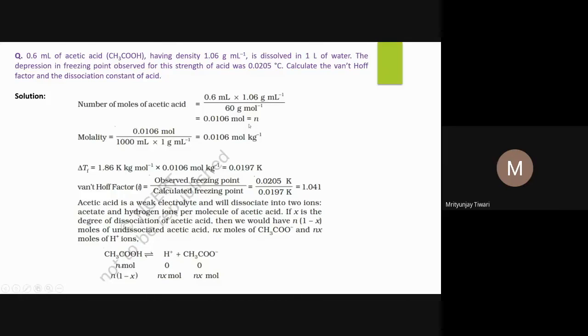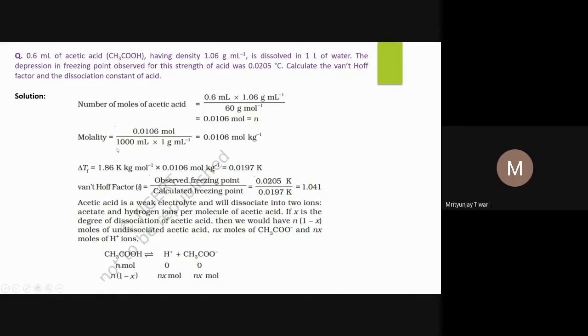Now once we know the number of moles of acetic acid, we can calculate the molality of the solution, because the volume of water is given, dissolved in 1 liter. From 1 liter, we can calculate the mass of the water in gram, and we know that the density of water is 1 gram per ml. So 1 liter is 1000 ml, and 1000 ml at 1 gram per ml will equal 1000 gram, and that is nothing but 1 kilogram.